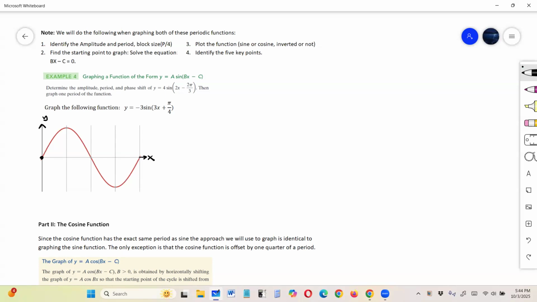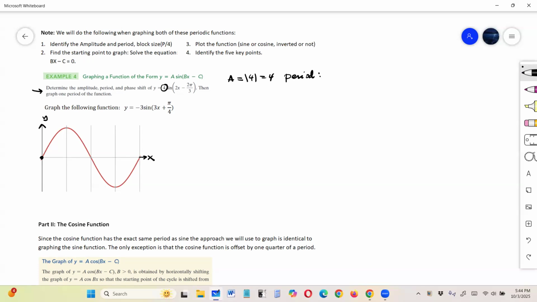All right, so the very first thing that we're going to do, let's do example 4, is find the amplitude. If you remember from before, the amplitude is the absolute value of whatever this value is. So the absolute value of 4 is obviously 4. Now we have to find the period.